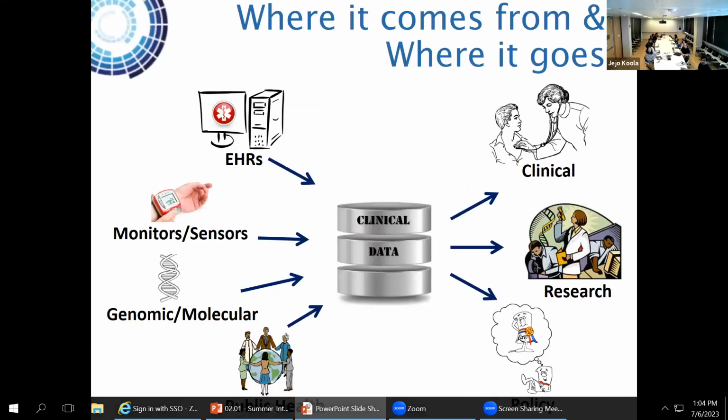So the first thing to know is that healthcare data comes from a lot of different places, and it's becoming more varied in today's day and age. It used to be healthcare data was really very limited to what the individual healthcare provider, doctor, whoever it was, handwrote into literally a file folder.